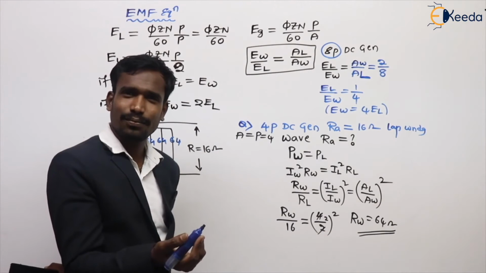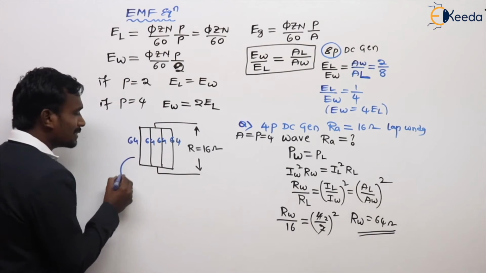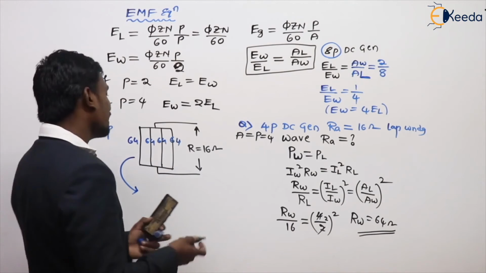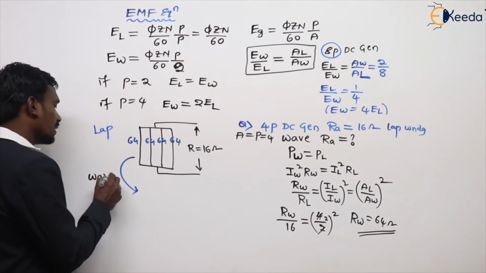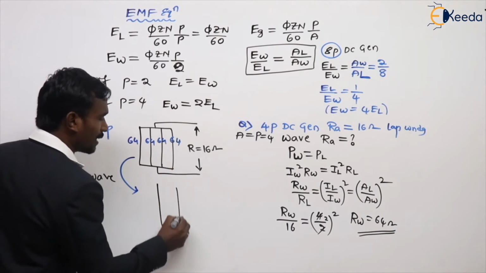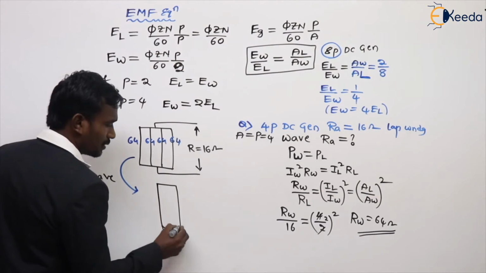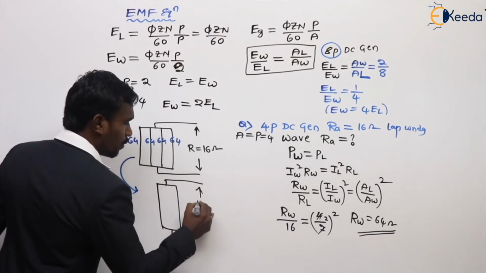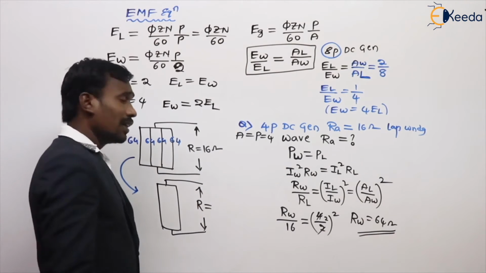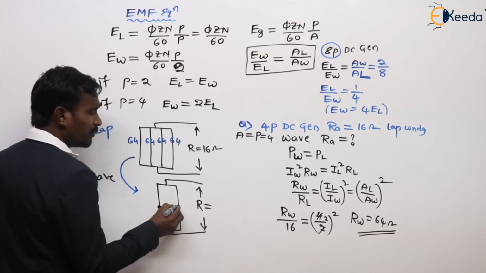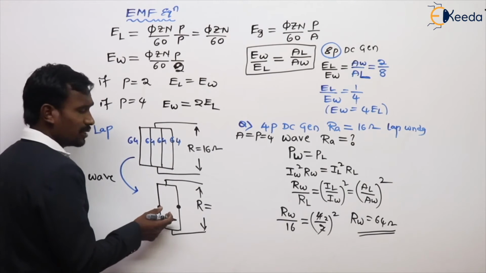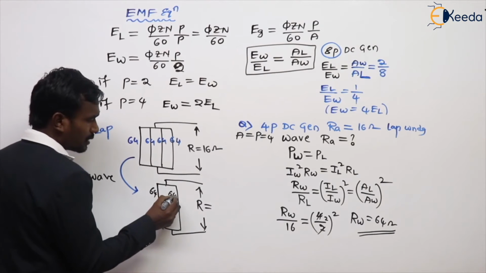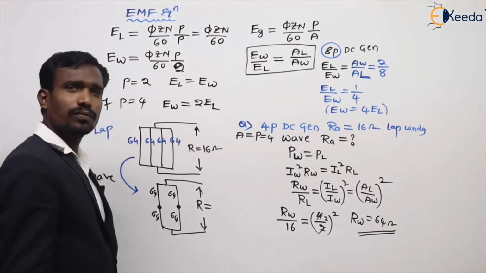Is it clear? But this is reconnected as a wave winding. This is actually lap winding, and this is reconnected as a wave winding. Now in wave winding we have only 2 parallel paths. I want this equivalent armature resistance. These are 2 parallel paths, but we have to include all the conductors: this is 64, this is 64, this is 64, this is 64.